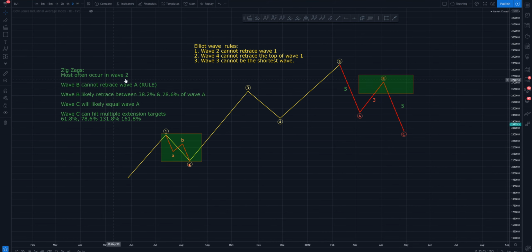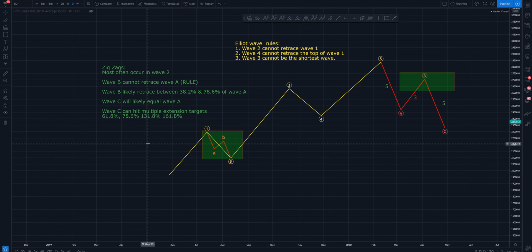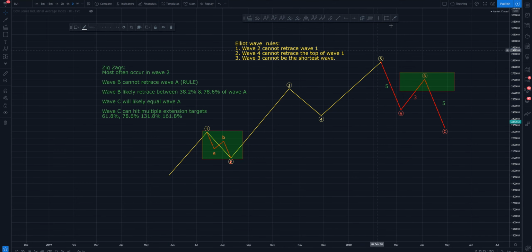Zigzags most often occur in wave 2, as I've highlighted here. Why is that? That's primarily down to market psychology. As we discussed in episode 1 about how the wave 2 is often deeper than the wave 4, the reason for this is this whole move up likely represents the reversal of a prior move down.